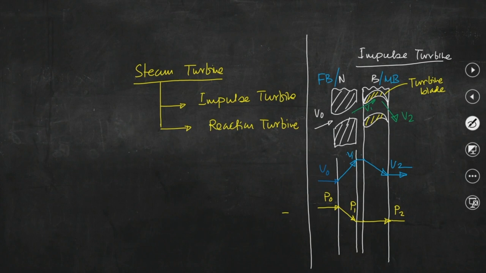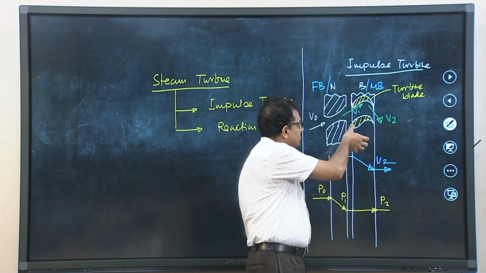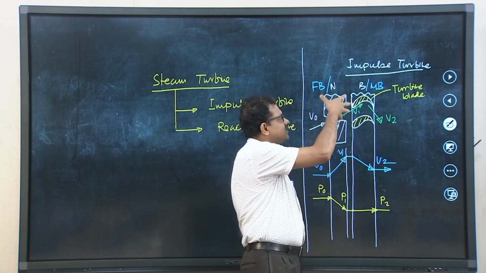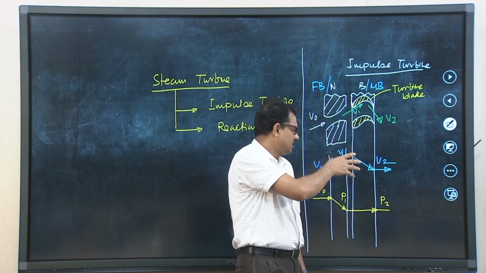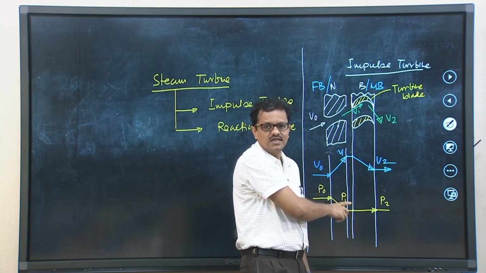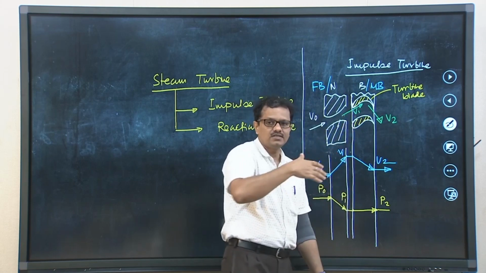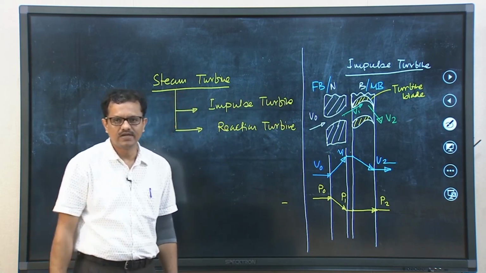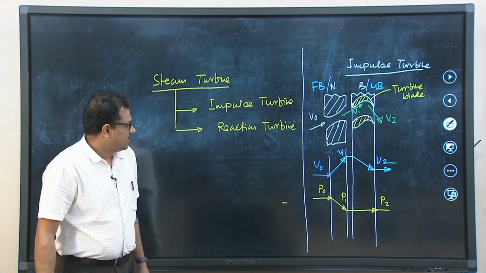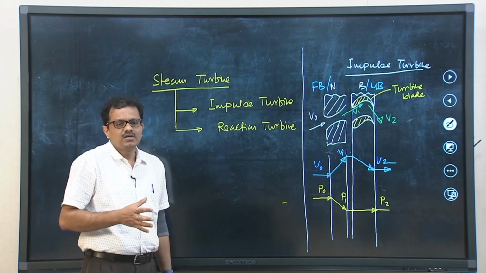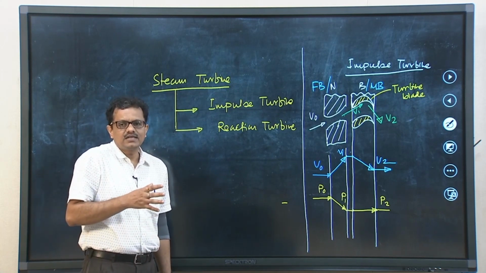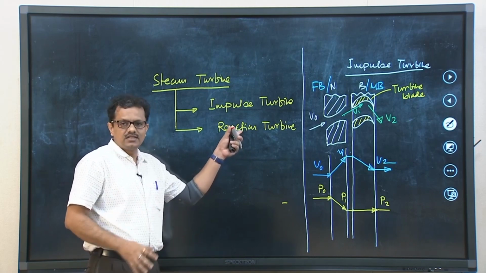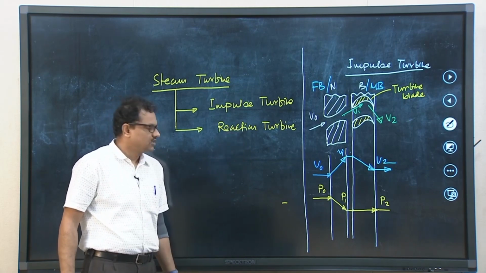We have discussed that the moving blades are designed for this special type of turbine in such a way that there will be no pressure drop of steam while passing through the passage between two consecutive blades, right. So, this particular aspect is different than what is there in a reaction turbine.